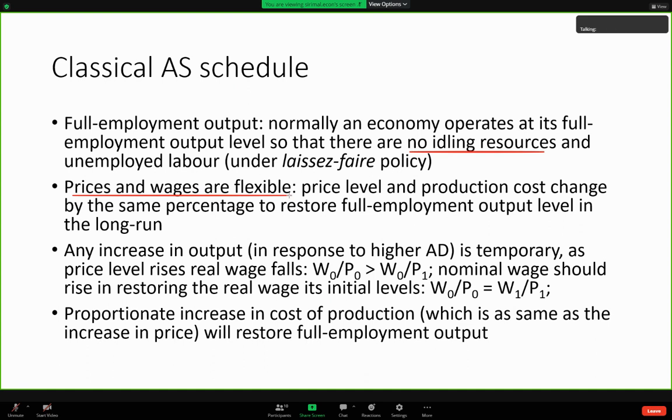That means when there is inflation, to compensate for that, nominal wages should go up.